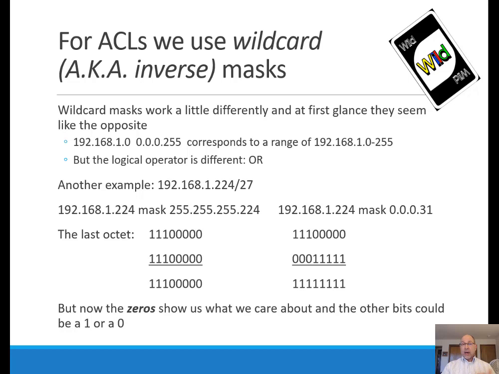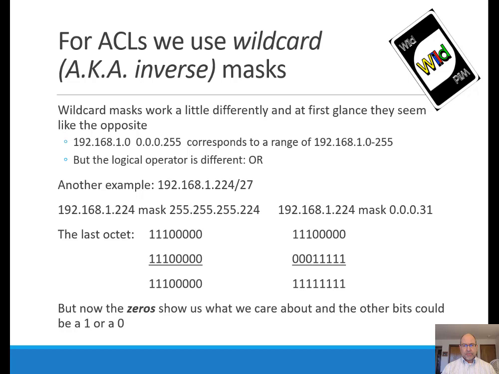So if you take a network mask for a particular network, in this case, 192.168.1.0 would have a network mask of 255.255.255.0. And if we do the inverse, we just flip the bits, we would wind up with a wildcard mask, 0.0.0.255. Both of them would correspond to a range of addresses, 192.168.1.0 to 1.255. But in this case, the logical operator is OR, and we'll see why that is in a second.